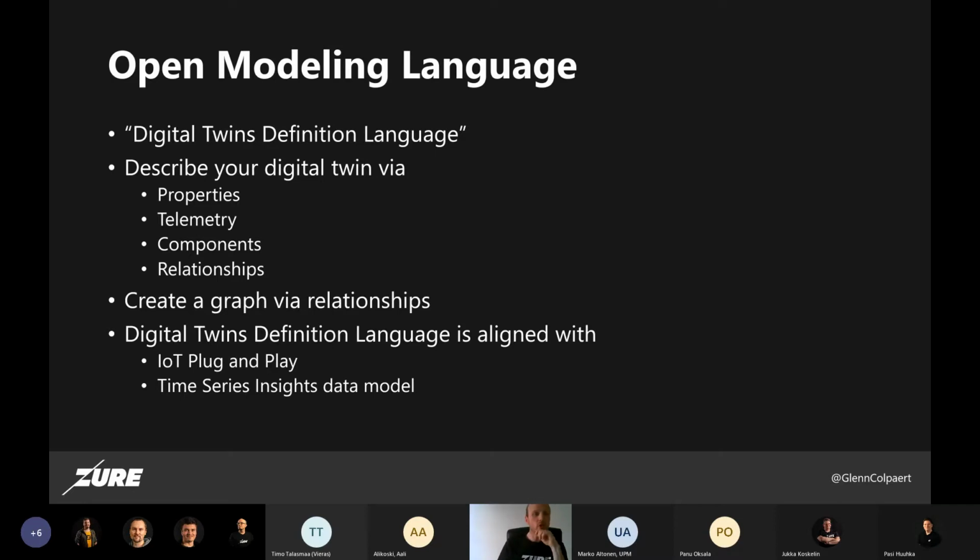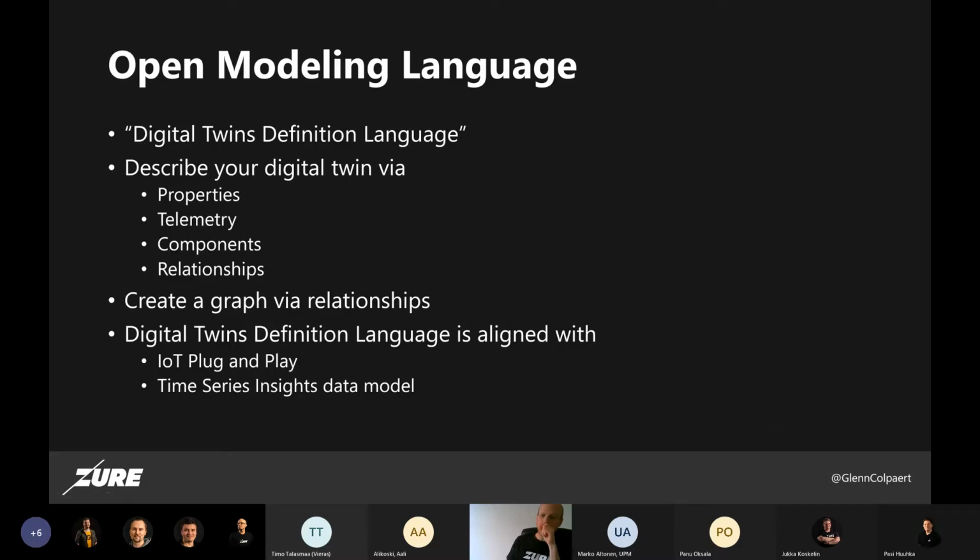The Digital Twin Definition Language is completely aligned with IoT Plug and Play and with the Time Series Insights data model. It is based on JSON-LD, and therefore it is following that standard.